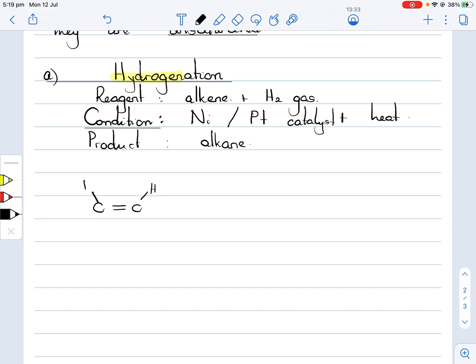Now, to illustrate how this reaction has happened, my hydrogen gas is H2, but I've decided to write them as separate atoms, still joined together.